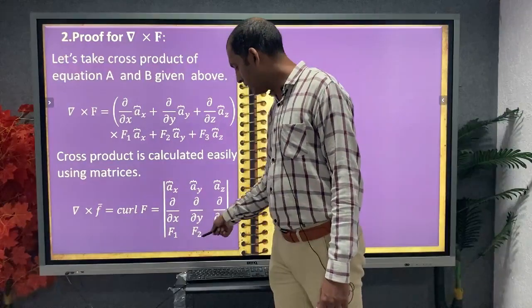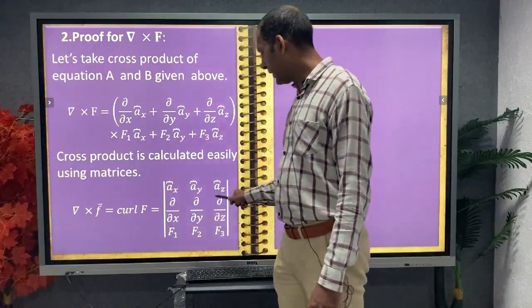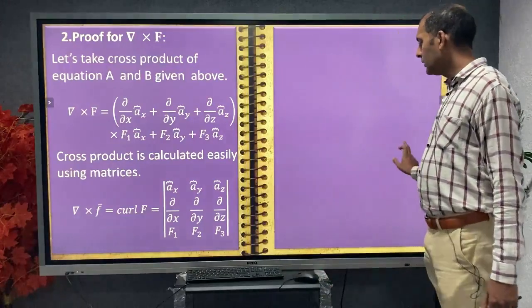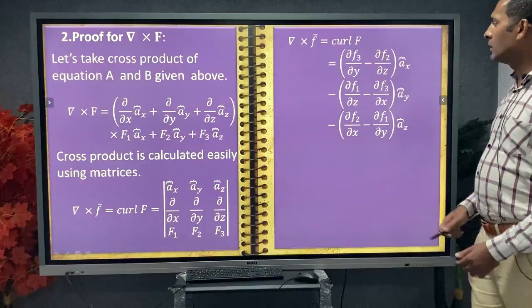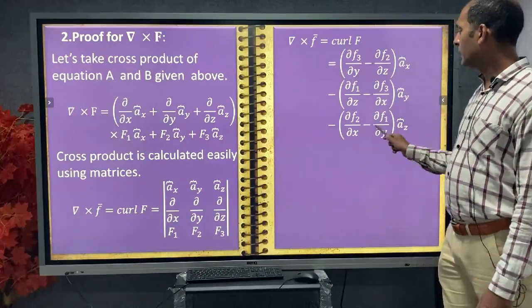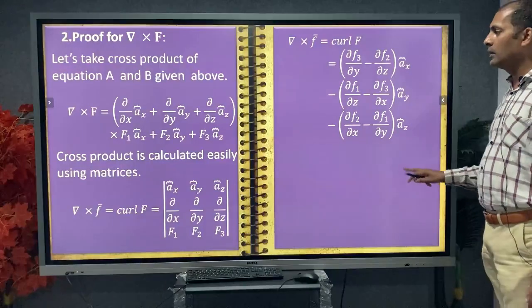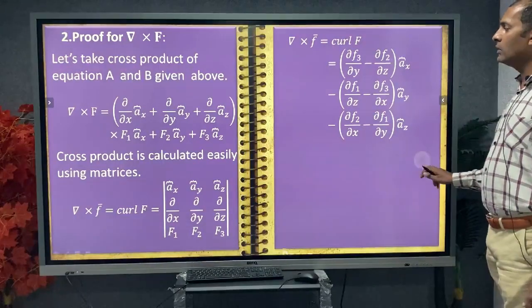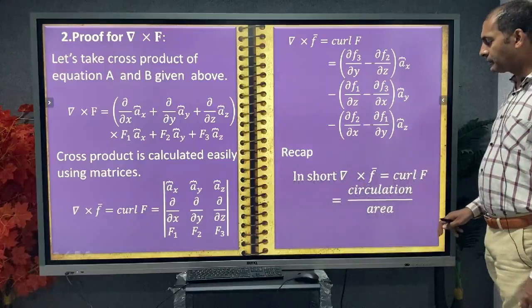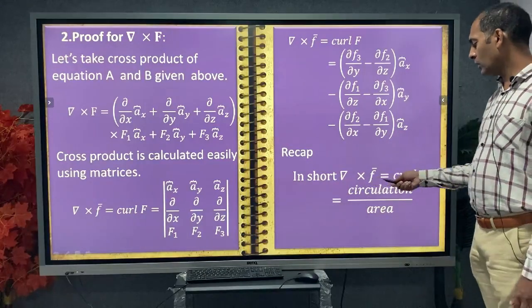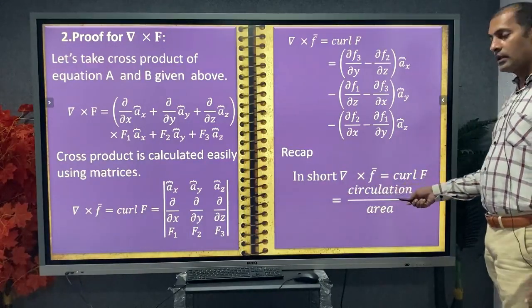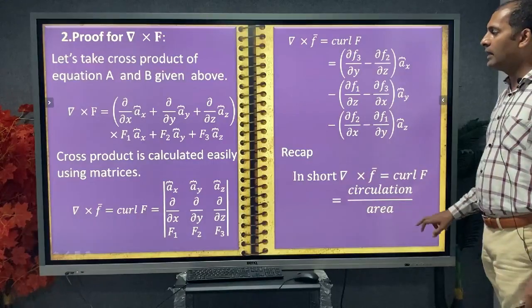Then the force components F1, F2, F3. Now let us take the cross product. Once we take it, we get this expression for curl. So this is the expression for del cross F. In short, del cross F is curl F, that is circulation per area.